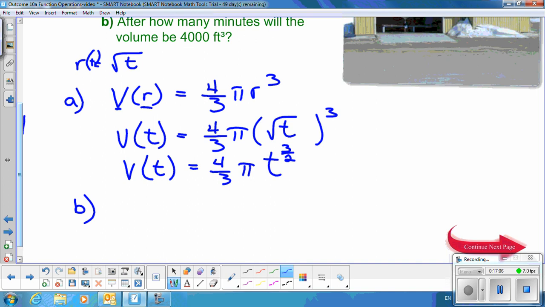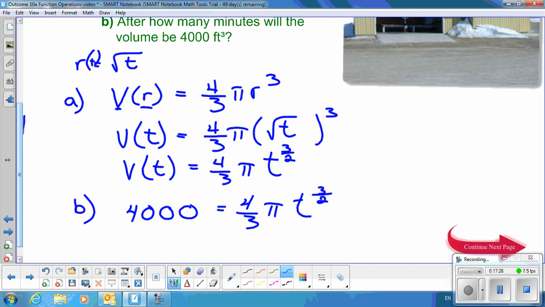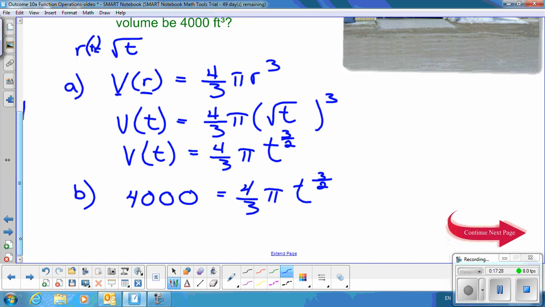Part B says after how many minutes will the volume be 4,000 cubic feet? So in this case, we know the output, or we know what V of t is equal to: 4,000 equals 4/3 pi t to the power of 3/2, and we're looking for t this time. This is just an equation that we now need to solve.